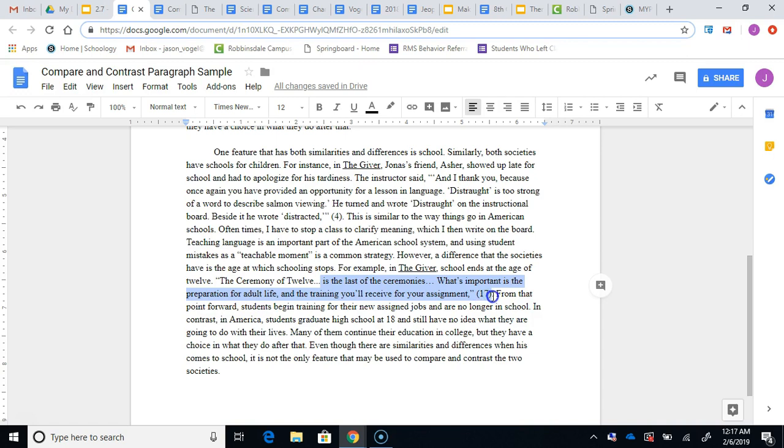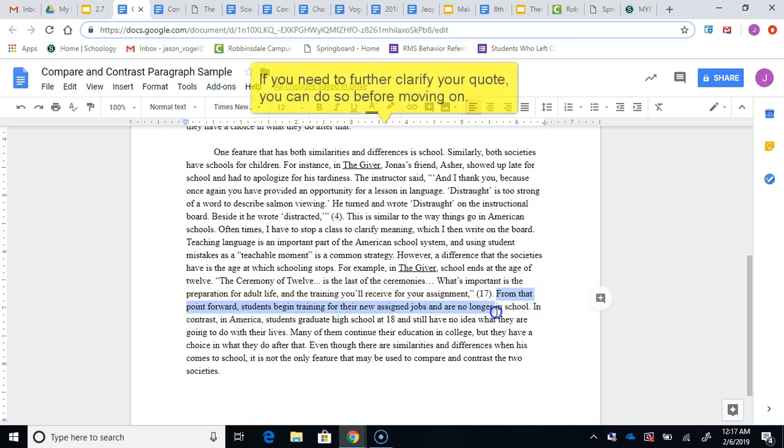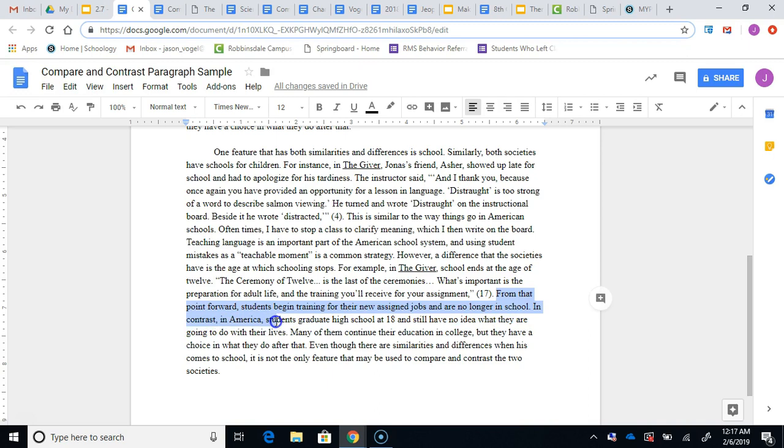17. So now that I've given my quote, I have to explain how that's different in our society. From that point forward, students begin training for their new assigned jobs, and they are no longer in school. So I'm further explaining that quote. In contrast, in America, students graduate high school at 18 and still have no idea what they are going to do with their lives.